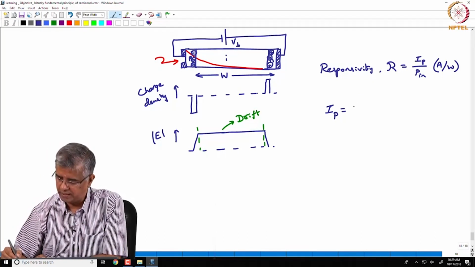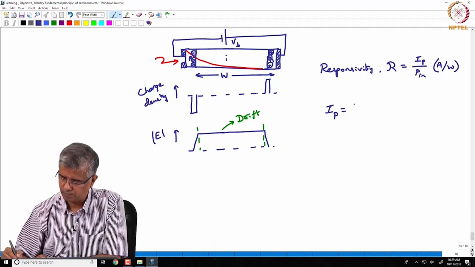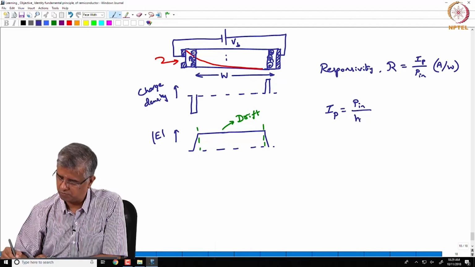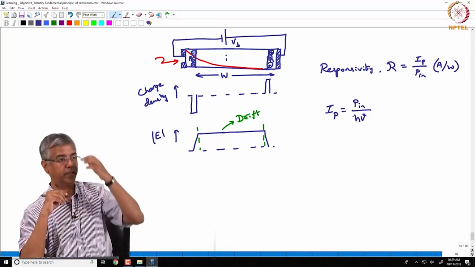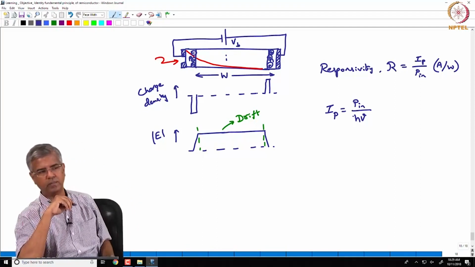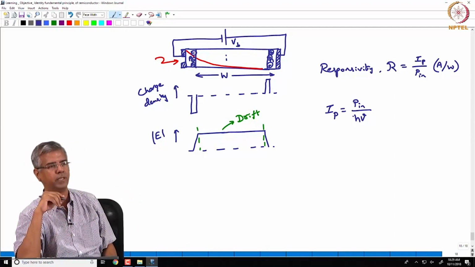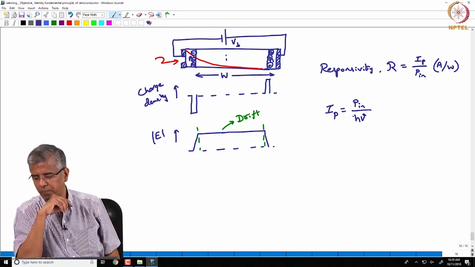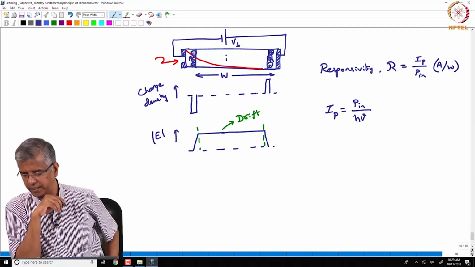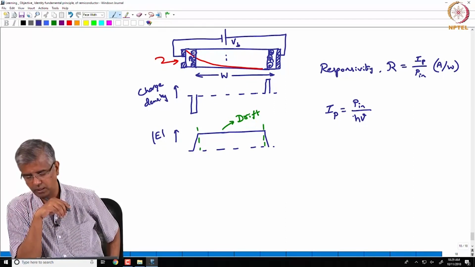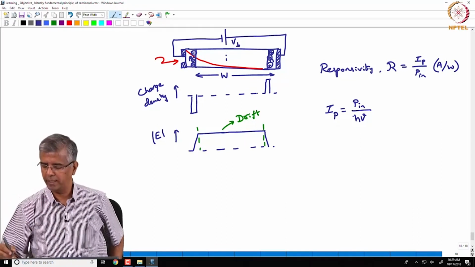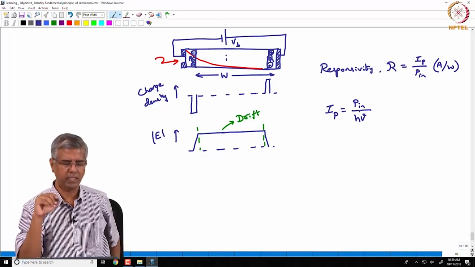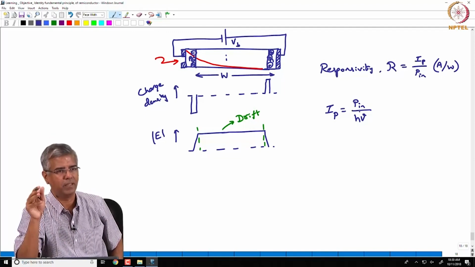So, what exactly is happening when light falls on this photodiode? Now, light falls on this photodiode at a certain rate, okay. That flux is given by power over photon energy, right. So, P in over h nu is the rate at which the photons are incident on this, and the material is a high index material, right.